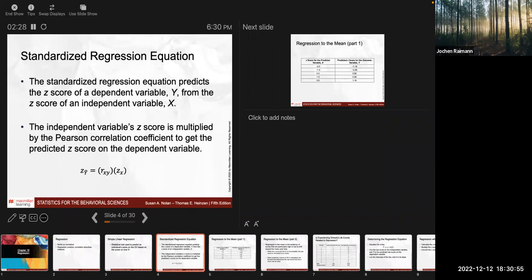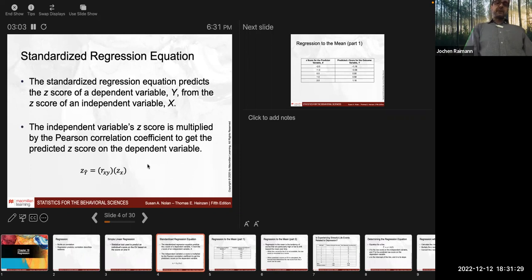Multiplying the standardized x with the correlation coefficient, incorporating the direction as well as the variability, gives you your corresponding predicted y standardized to the mean of y. So you can estimate for each x in relationship to its mean the corresponding standardized value for your y.